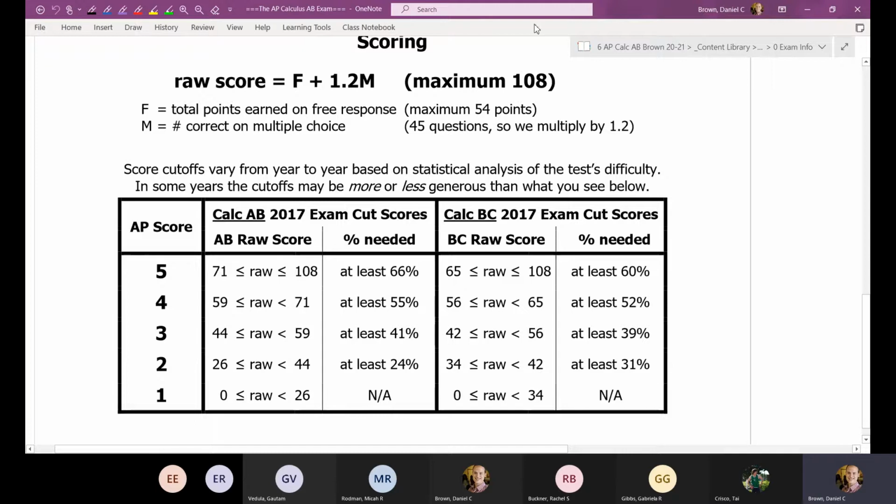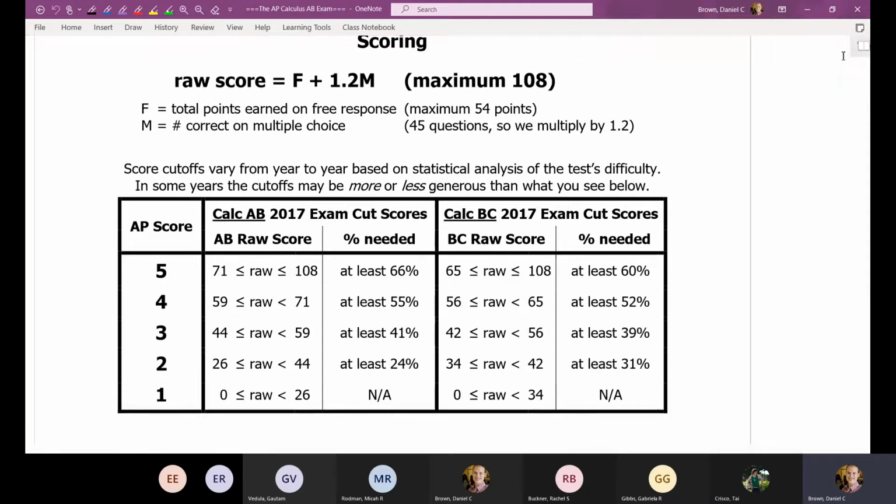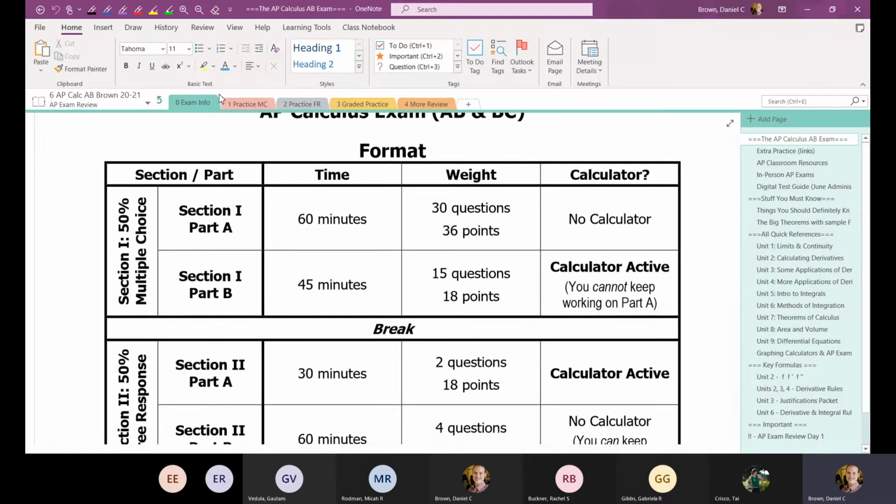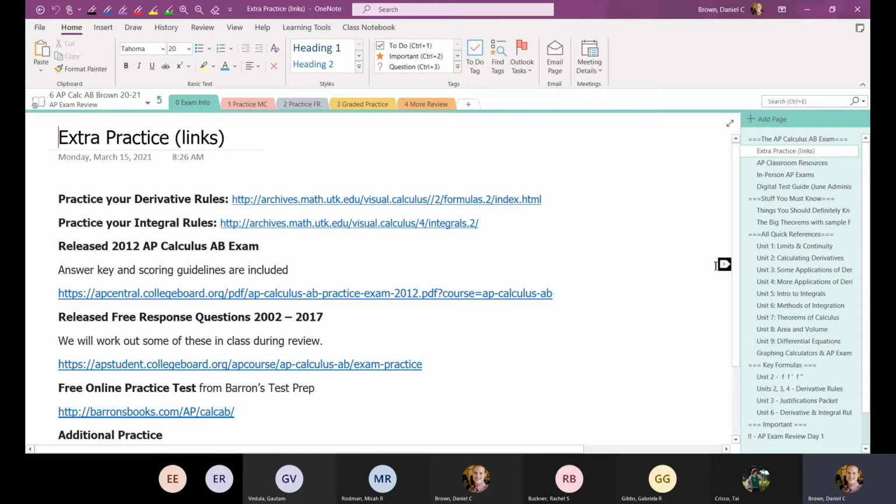Things that I have shared, I'm going to have optional and required stuff. Most of the stuff on this exam info page is either optional stuff, extra stuff, and then our day-to-day stuff. So I've shared with you some general extra practice with some links, like the old 2012 exam. If you're really bad at just taking derivatives and integrals, there's something that's not a Quizlet, but basically the same idea of practicing those rules.